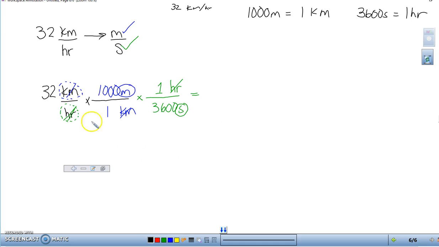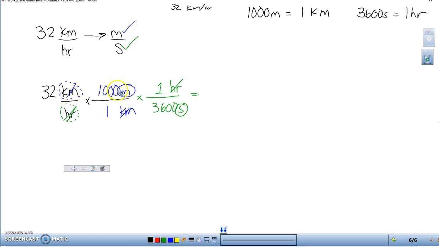So now here is where doing the multiplication division matters. So to figure out this problem, I have to multiply 32 times 1,000 divided by 1 times 1 divided by 3,600. So obviously you can skip the ones if the shortcuts are fine, but I am doing it like this.